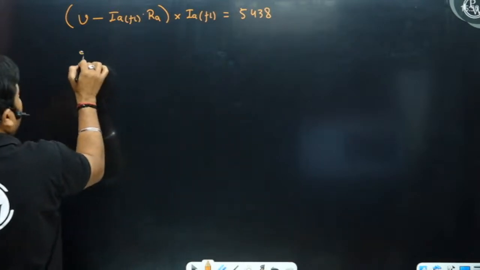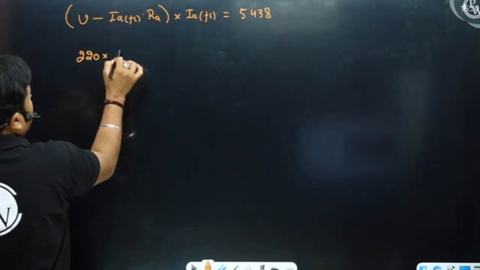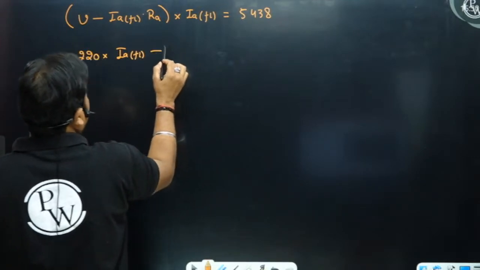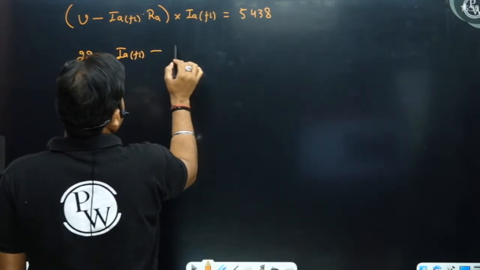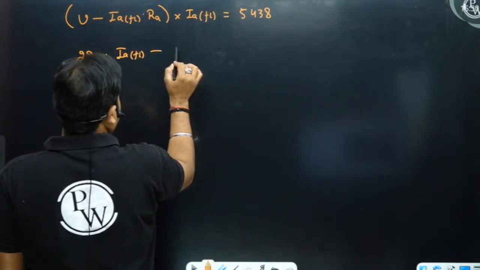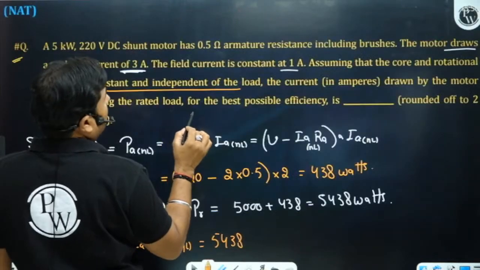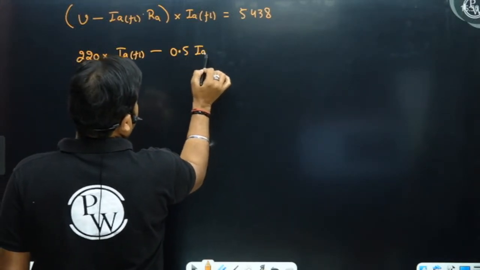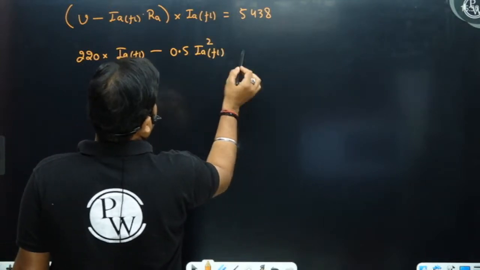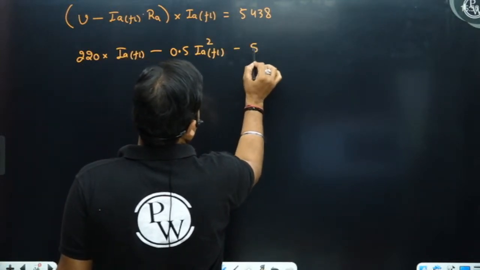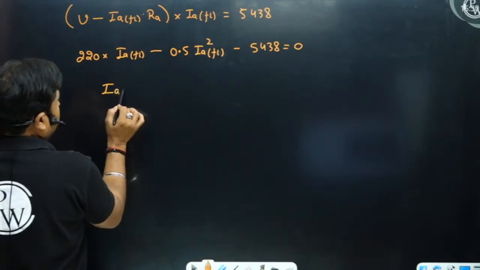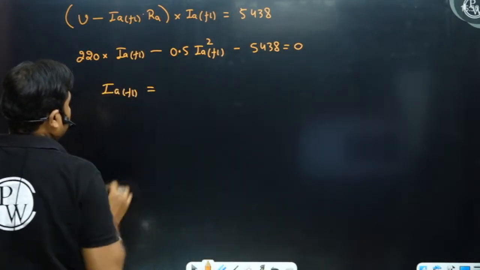So now we have a quadratic equation: 220 into IA full load minus the square of IA full load times RA, which is 0.5. So 0.5 IA full load squared minus 220 IA full load plus 438 equals 0. From here we can calculate IA full load.